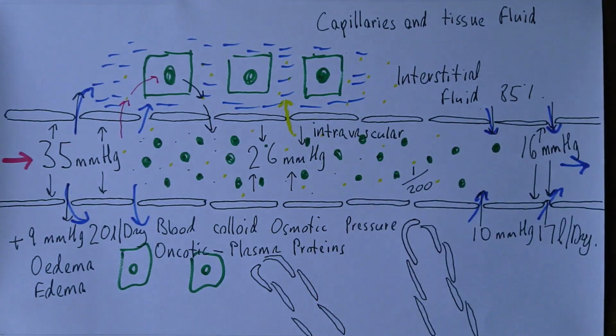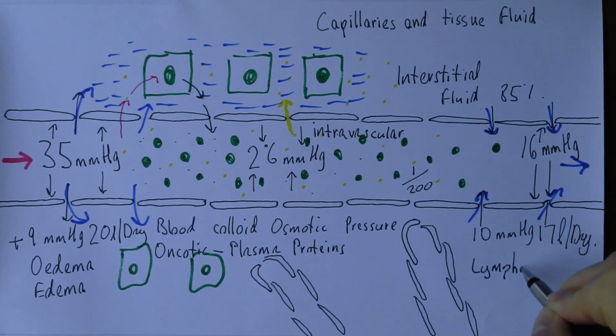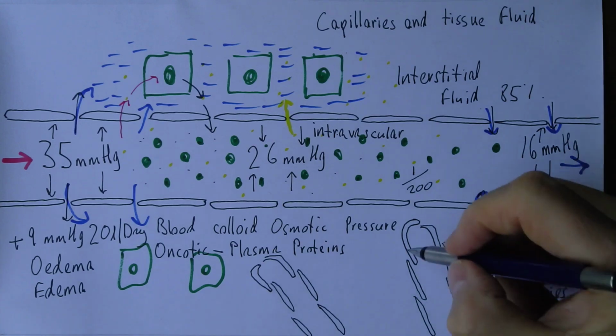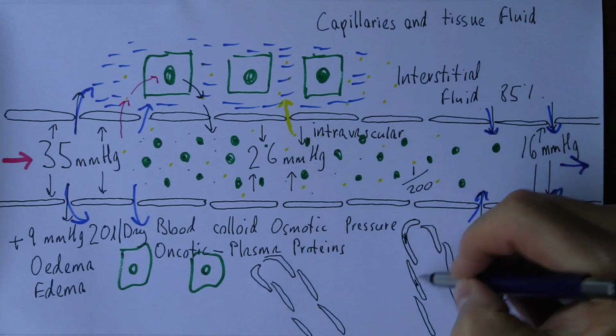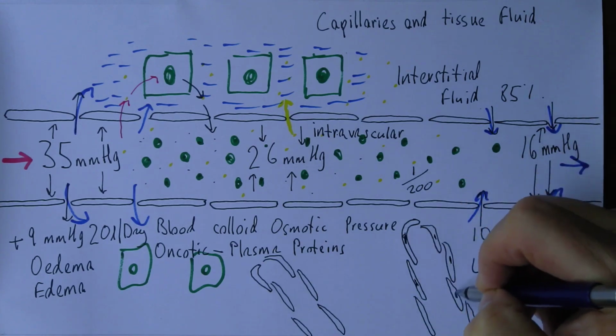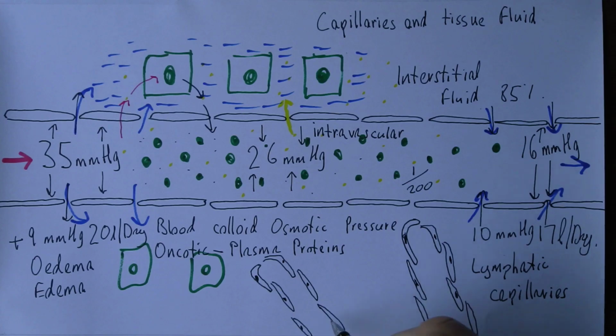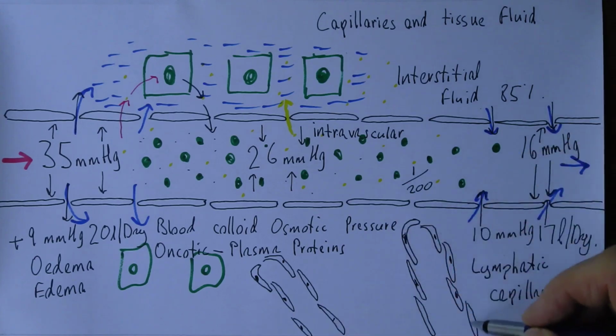And what these are, of course, are the lymphatic capillaries. Again, made up of individual cells. Unlike the blood capillaries, unlike the vascular capillaries, the lymphatic capillaries are blind-ended.